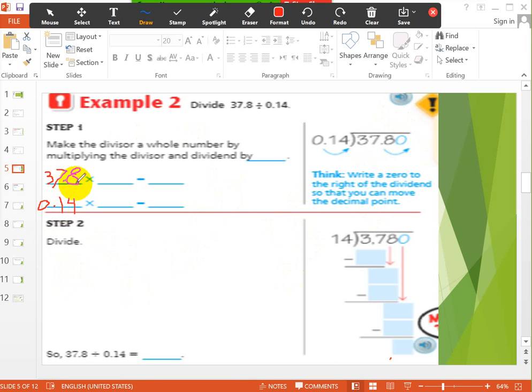Look, I have two digits after the point in the divisor and only one digit after the point in the dividend. So what is the power of 10?